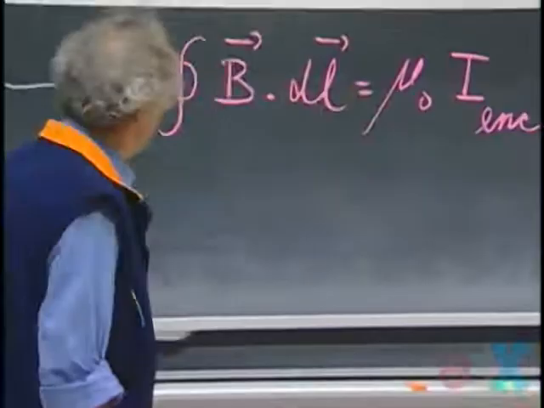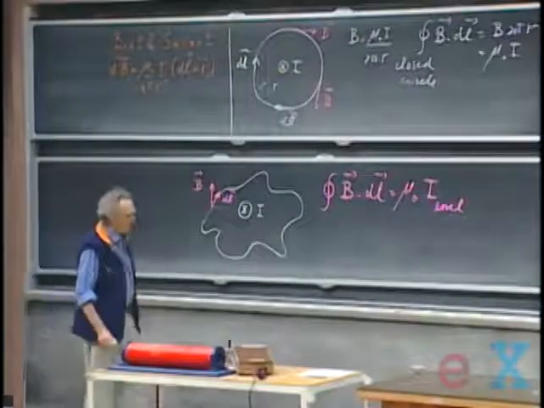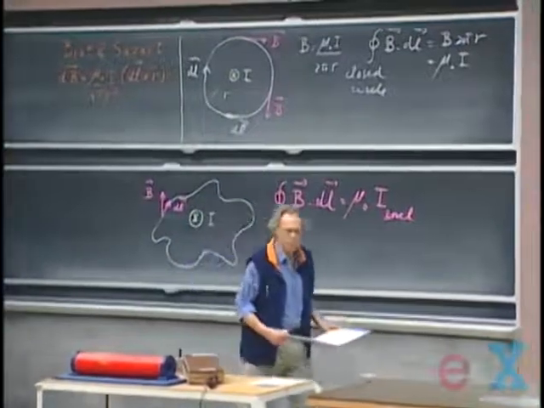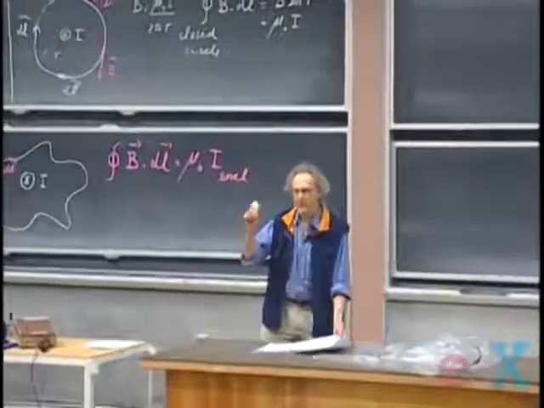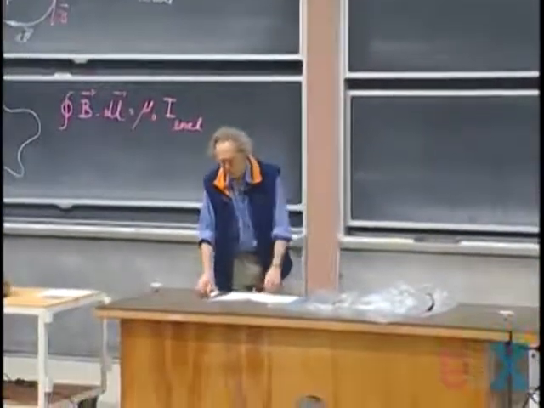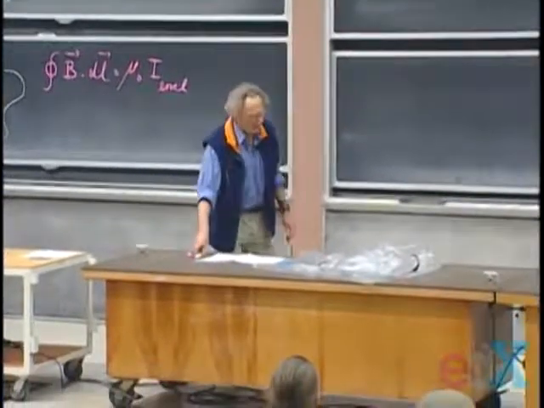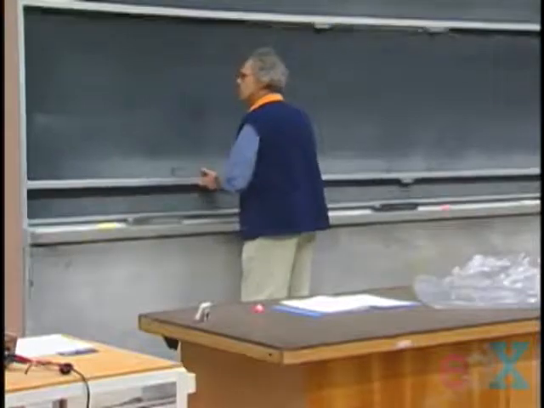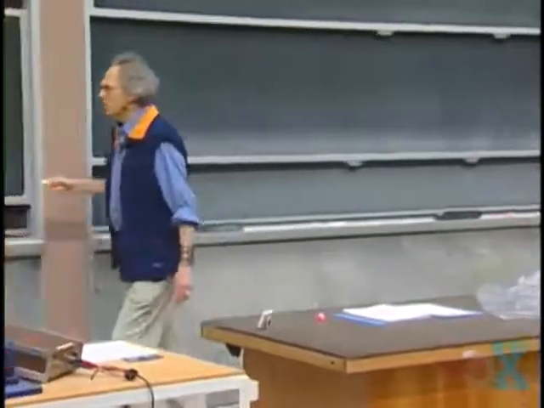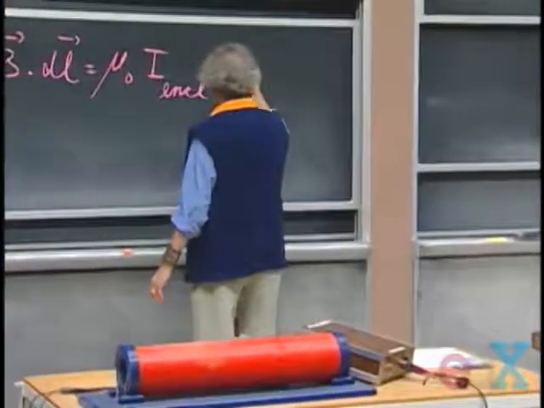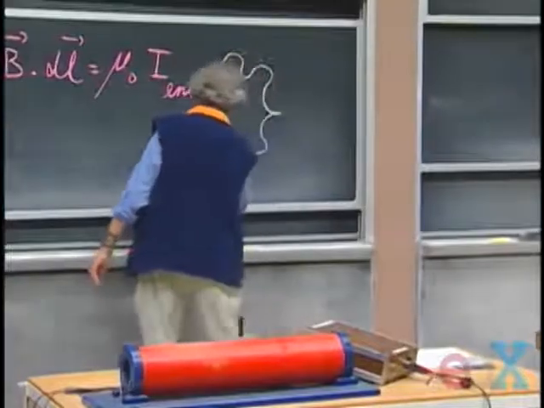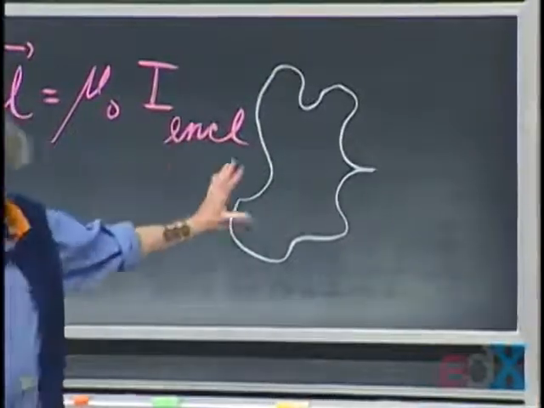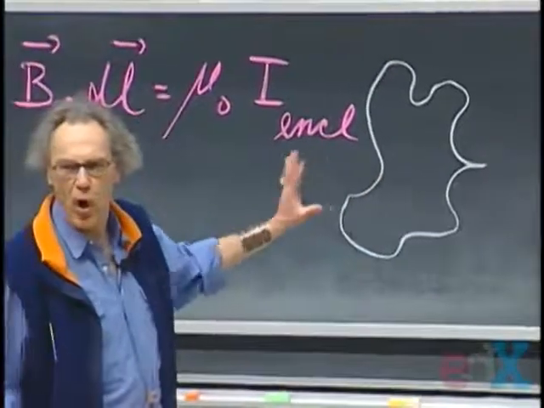What is a little ill-defined in this equation is what we mean by enclosed. And I'm going to define that now so uniquely that there is never any misunderstanding. If I have a very strange looking closed path that I have chosen, that's the path I walk, I have to attach to that closed loop a surface, an open surface.